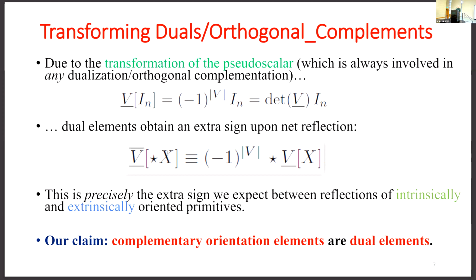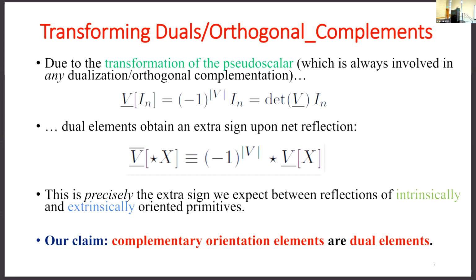So that means that if we have an element that is dualized, that involves the use of a pseudoscalar, because it's the orthogonal complement, then we automatically expect one of those signs to appear, relative to if I first reflect the object and then dualize it, because the dualization involves this pseudoscalar.